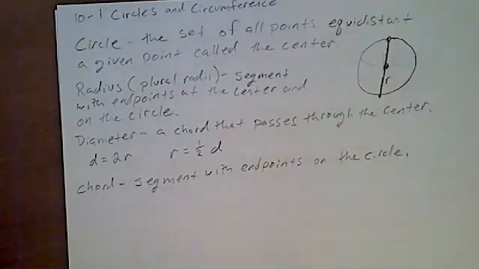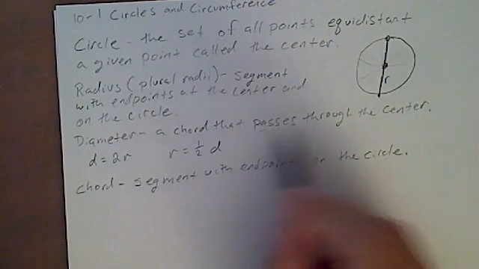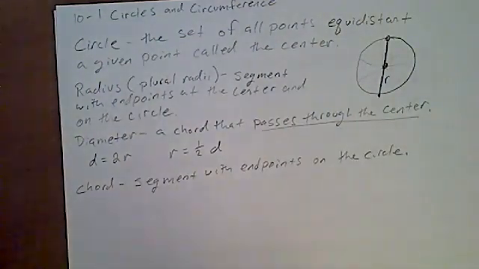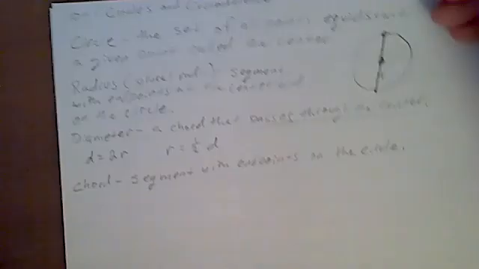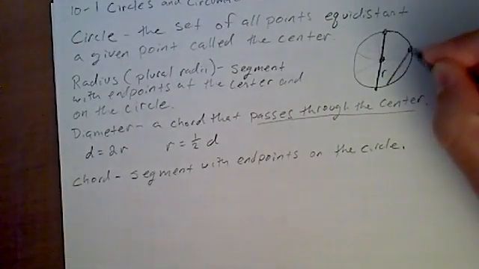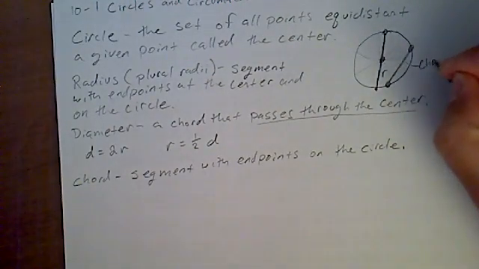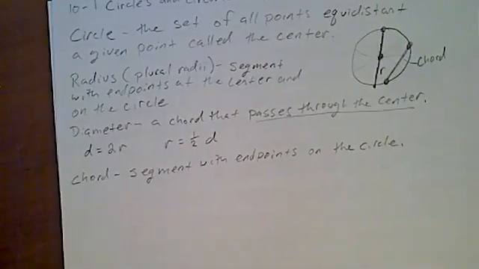So diameter is just a special kind of chord that specifically passes through the center, but a chord itself doesn't have to. All right, so if we go back to our example up here, that's a chord.